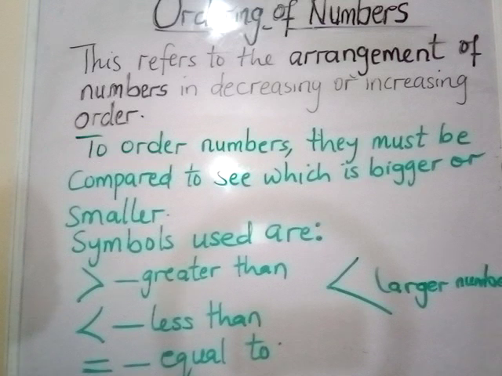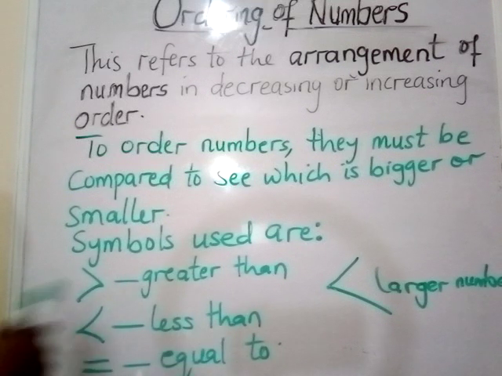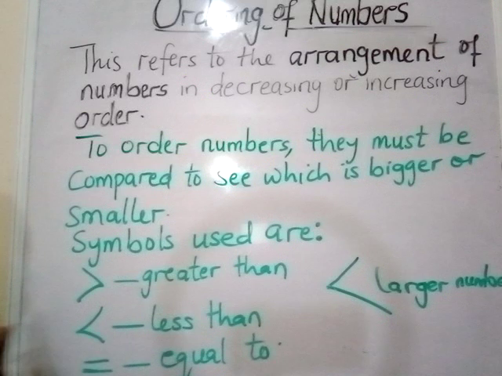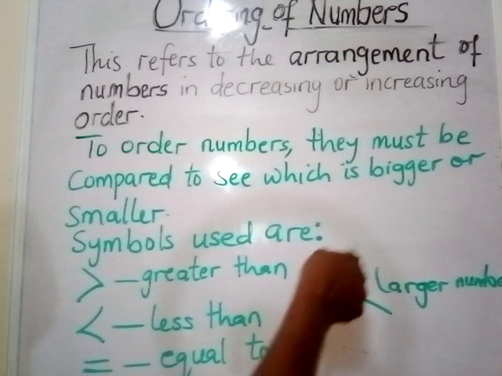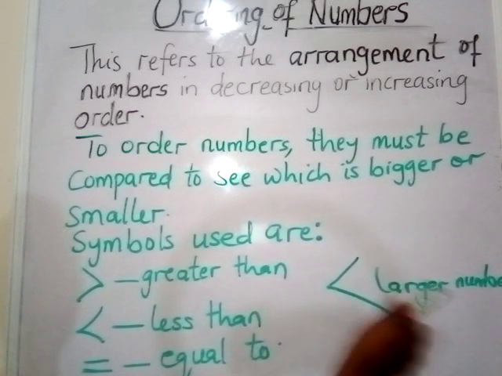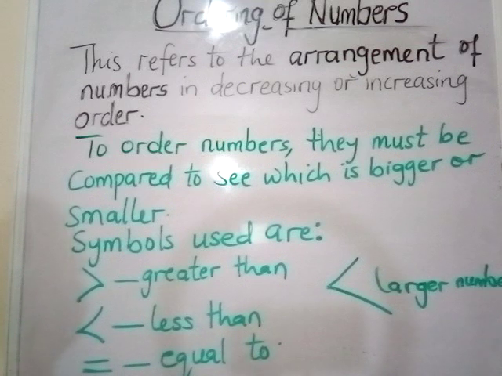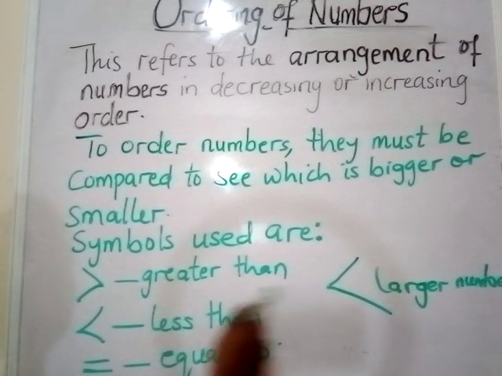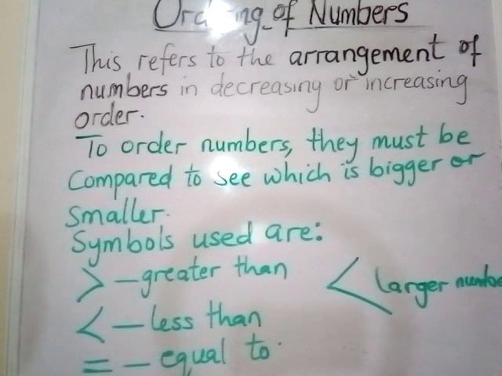That's just something that will help you to easily know which side this sign will be facing, because it's actually the same sign but just facing two different ways. So just remember, the greedy crocodile eats the larger number or goes for the larger number. Look at this sign like the mouth of the crocodile that is opened, and the part that is closed is towards the smaller number.